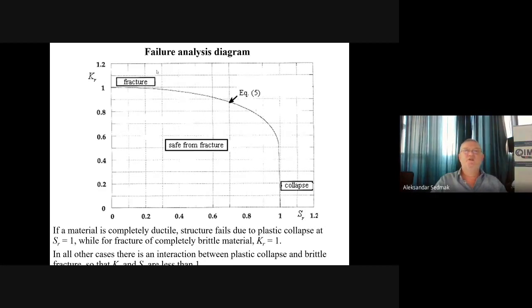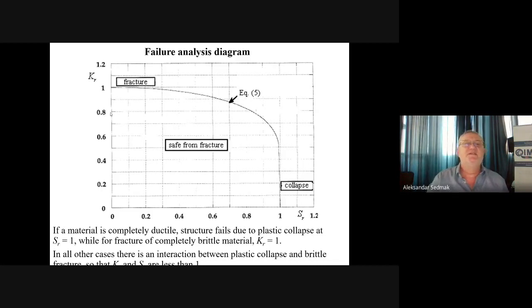Now, of course, in this whole area we have an unsafe situation for our component, but since we use a conservative approach both for plastic collapse and brittle fracture assessment, it is not given that the component will fail here. It is just an unsafe region.